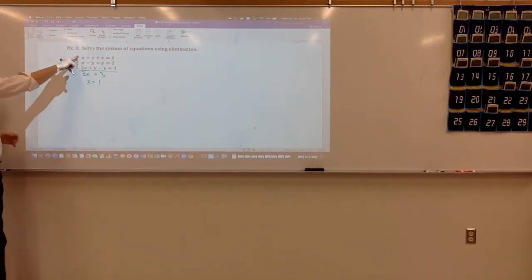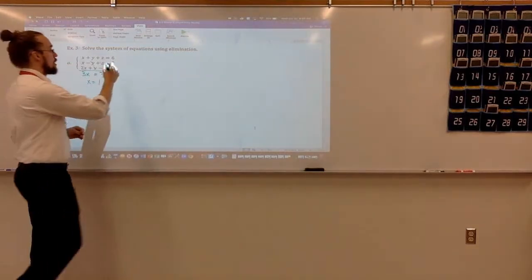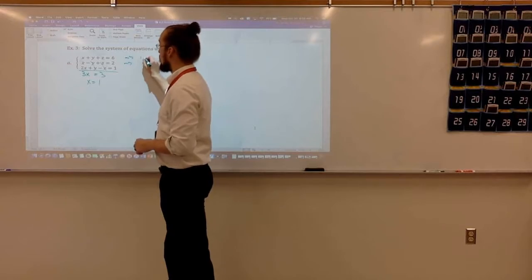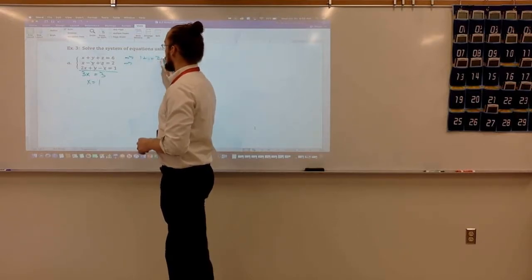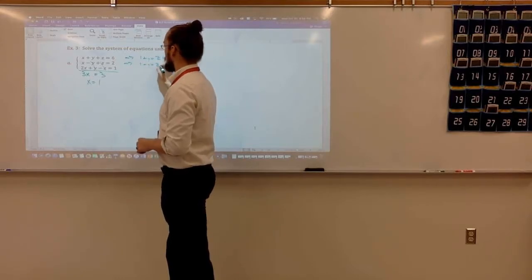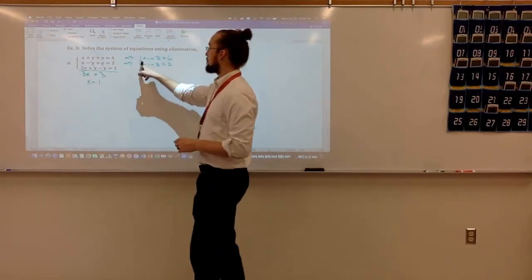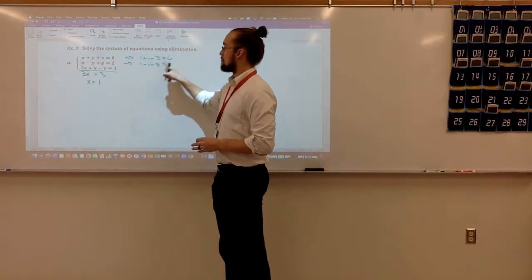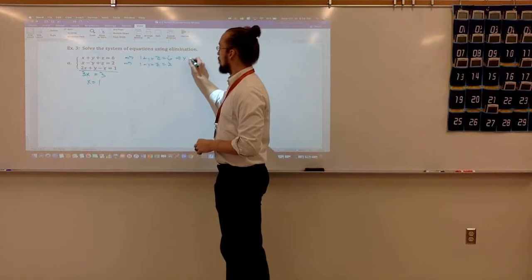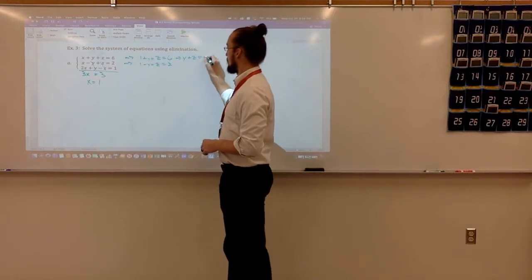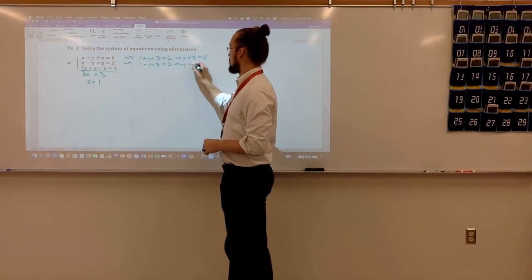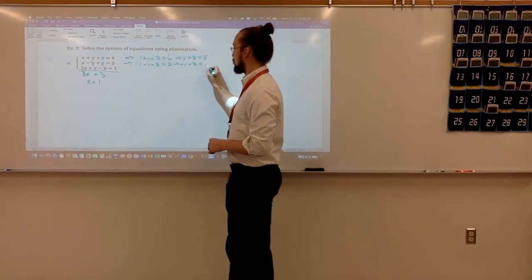If I plug 1 in for x here and 1 in for x here, that's going to create 2 new equations. So this will be 1 plus y plus z equals 6, and 1 minus y plus z equals 2. So then, if I subtract the 1 over on both of these, I'll have y plus z equals 5, and negative y plus z equals 1.